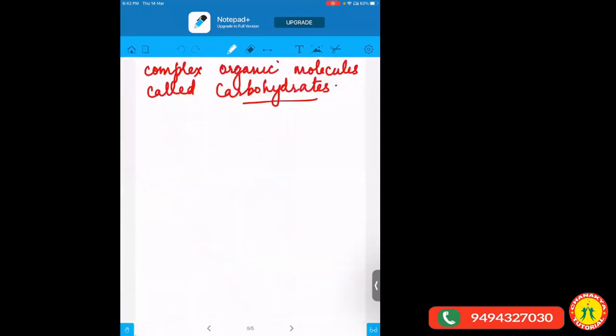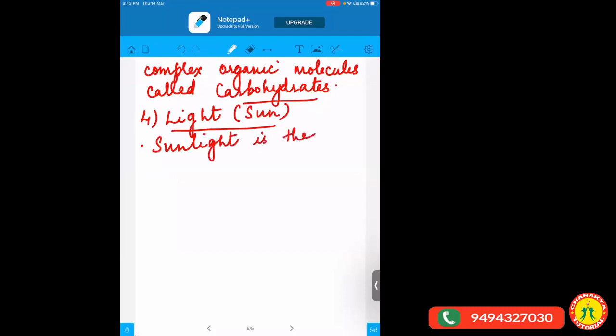Now the last one we have is the light, basically the sun. So sunlight is the natural and primary source of energy.